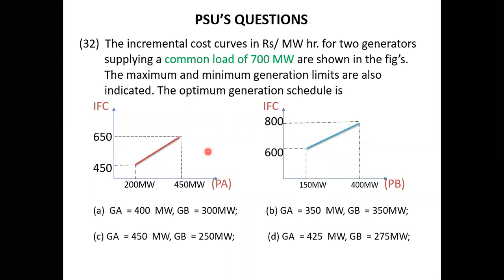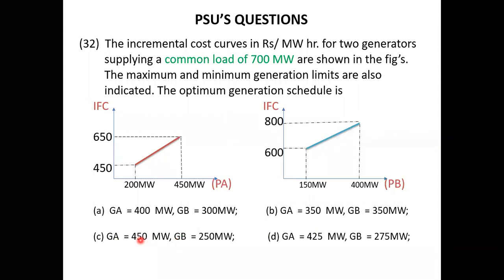So that's why whatever the maximum limit is for generator A, it is better to generate that same amount of power. So here, what is the maximum limit for generator A? 450 megawatts. So that's why we are going to generate 450 megawatts by using generator A. Once 450 megawatts is generated by generator A, then what would be the remaining portion?